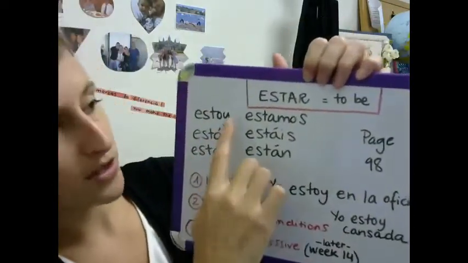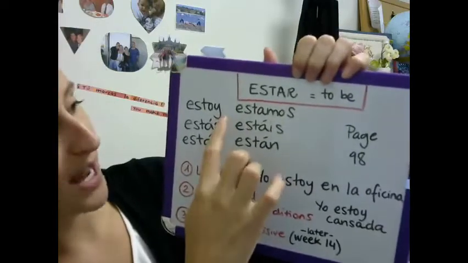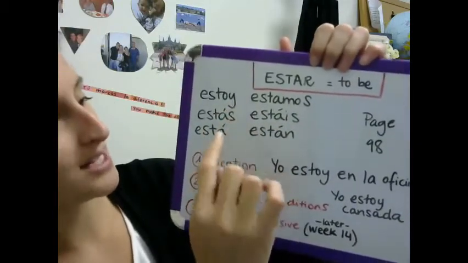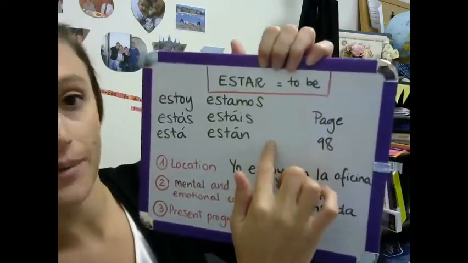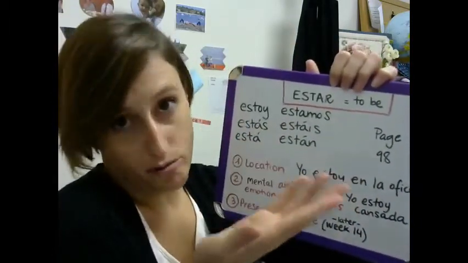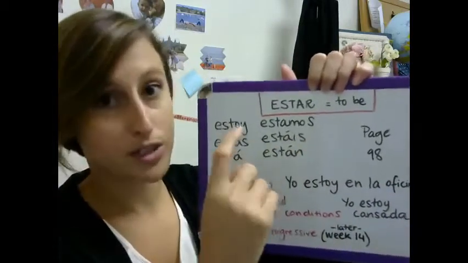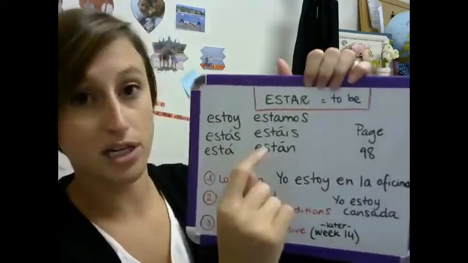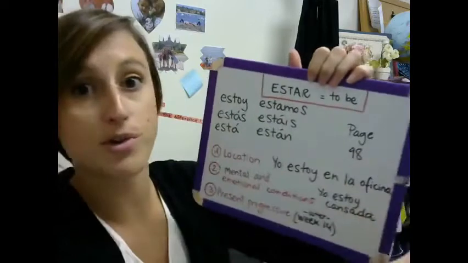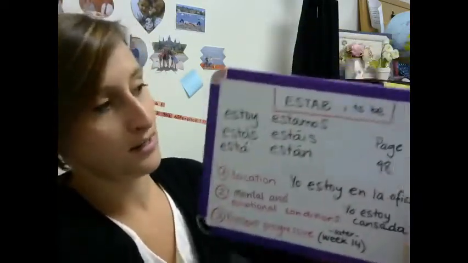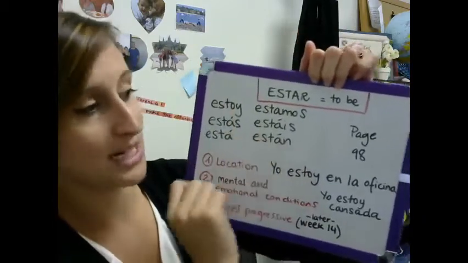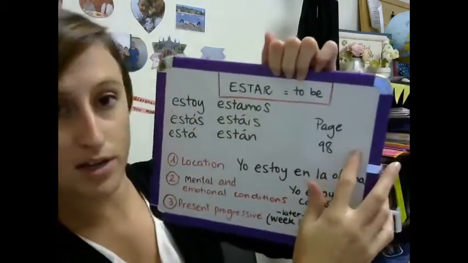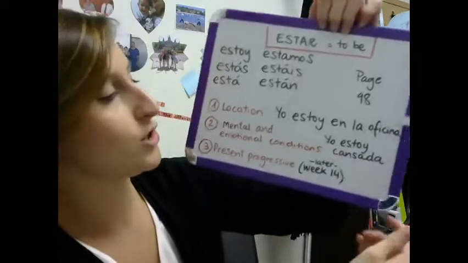These are the six forms: estoy, estás, está, estamos, estáis, and están. It's an irregular verb, so you need to remember those six forms. There is no pattern like regular endings, so you just have to memorize them. It's on page 98.